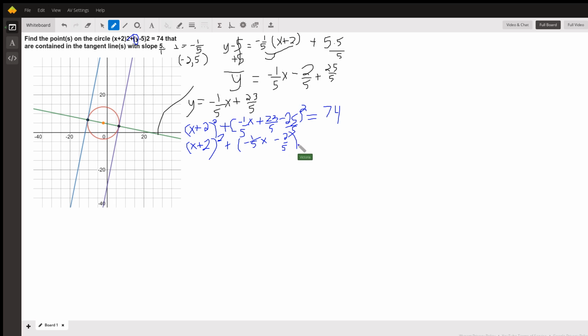And that's squared. And the whole thing equals 74.